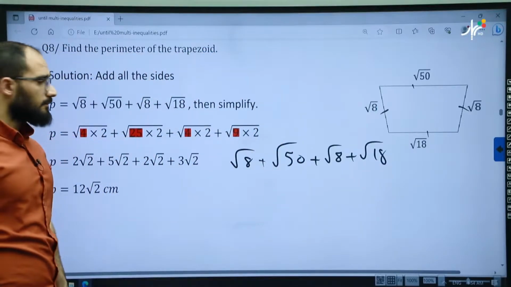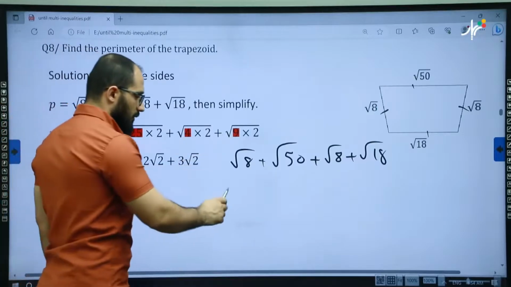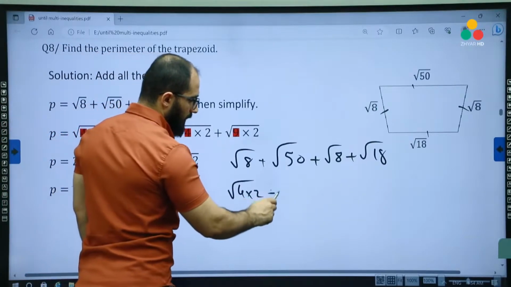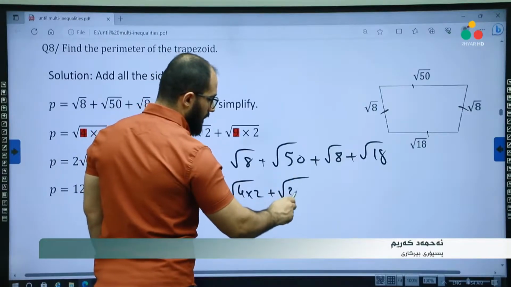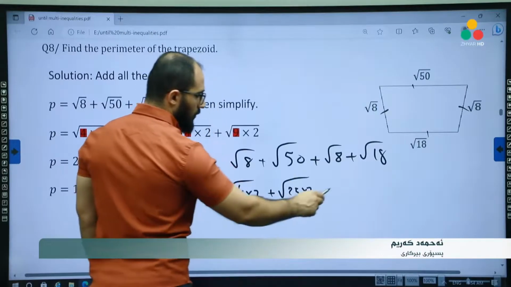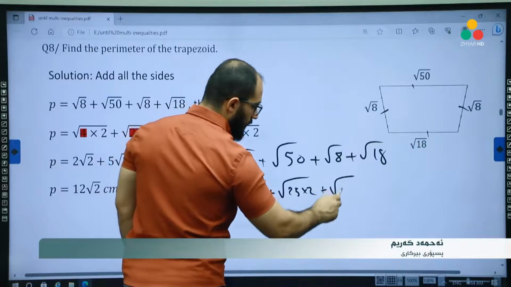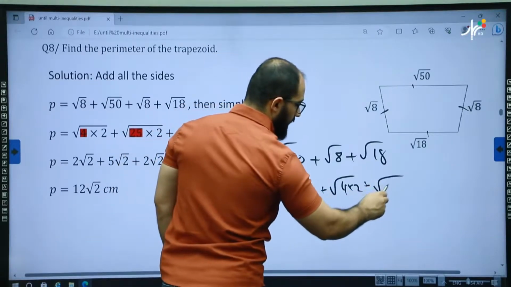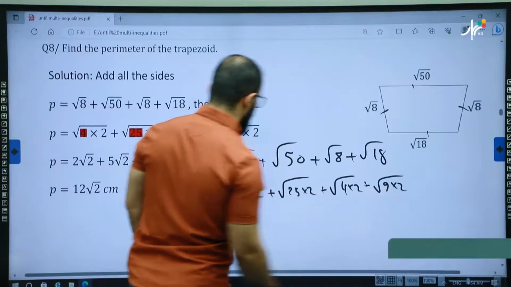Then 8 is 4 times 2, 50 is 25 times 2, 8 is 4 times 2, and 18 is 9 times 2. It's quite easy.